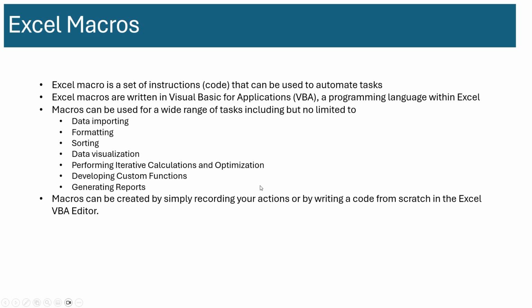This course would primarily be about developing macros by recording. You will be able to do a little bit of editing of your recorded macro, but teaching writing from scratch would take a different course or more lectures. So we'll just touch the surface of macros through the recording macro options.